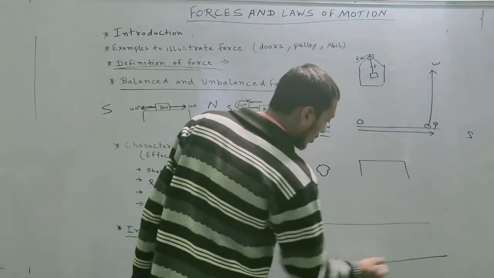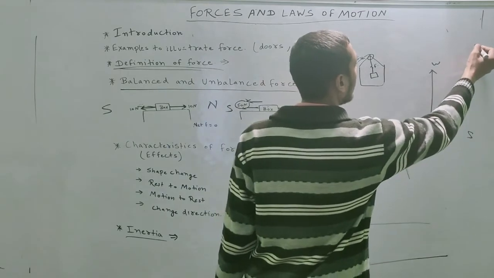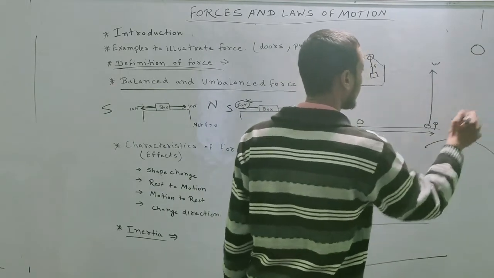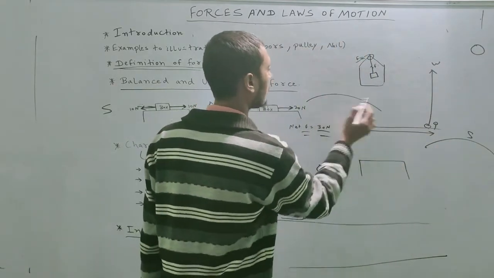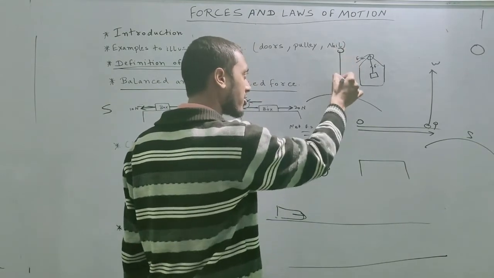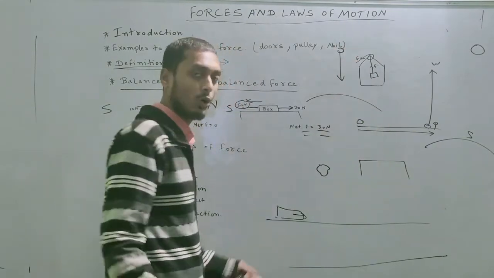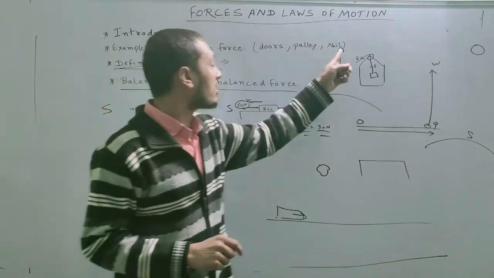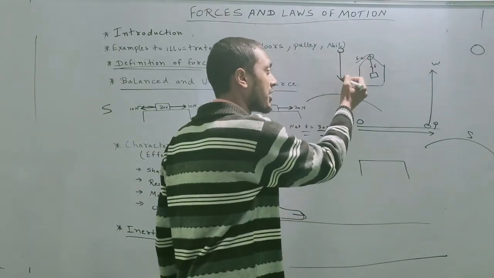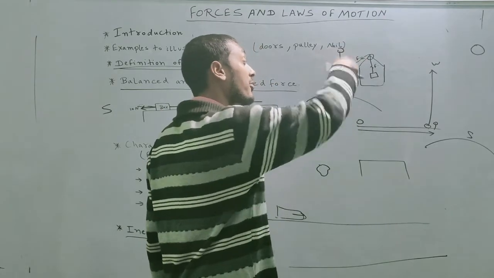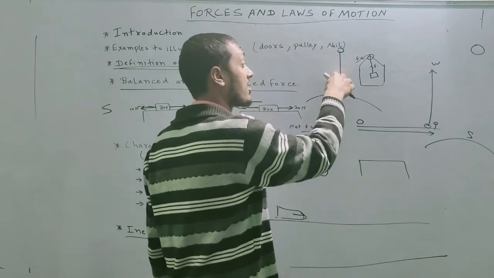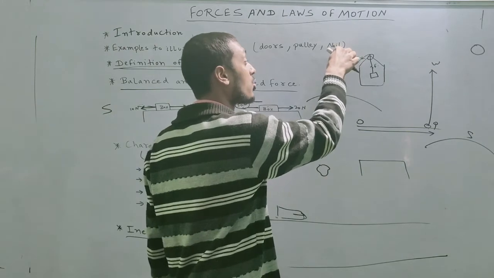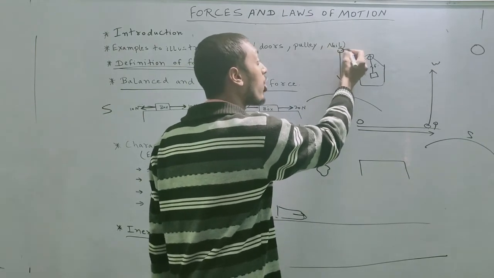Let us take another example. Suppose this is earth. A stone is falling in a straight direction. We all know everything falls in a straight path. It will remain falling in a straight direction unless some force is applied to this stone or any object.